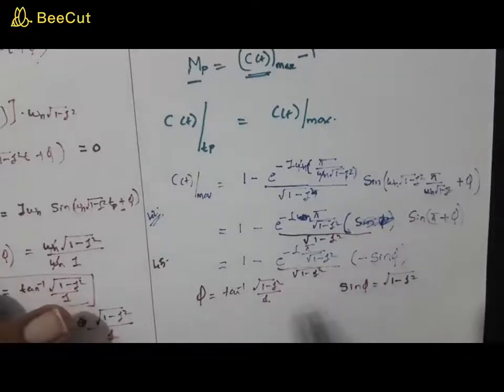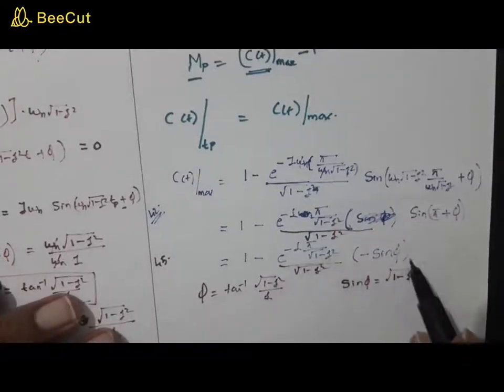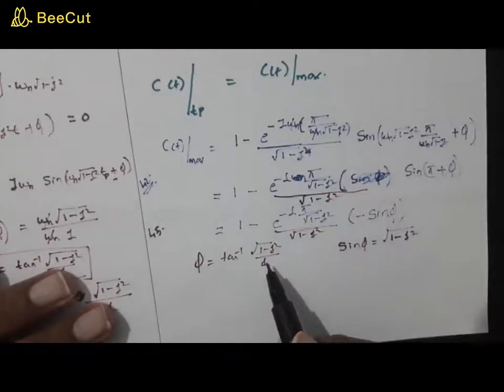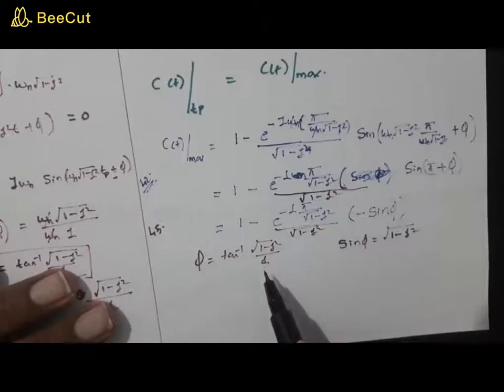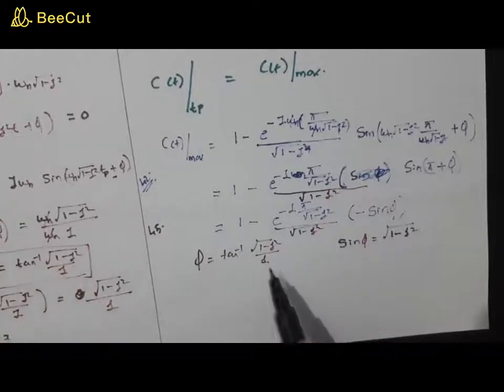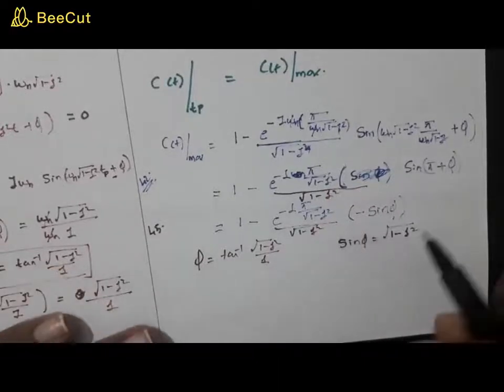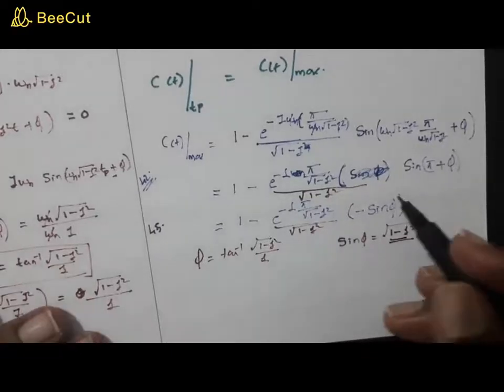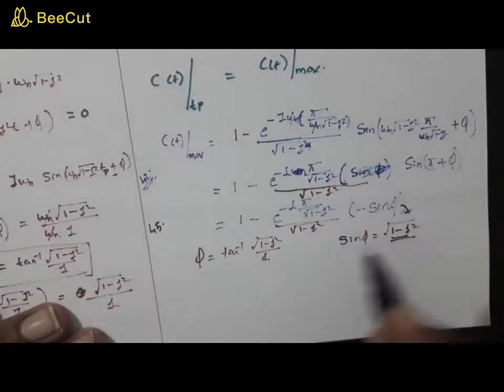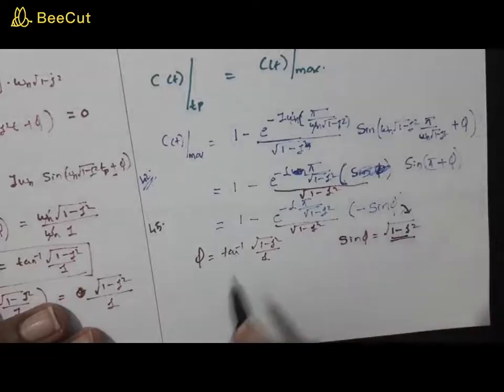Now substituting these values, we know that phi is actually tan inverse of root of 1 minus theta square by theta. Now what is sine phi? Sine phi is actually root of 1 minus theta square. So you can put sine phi as root of 1 minus theta square, and this gets cancelled.